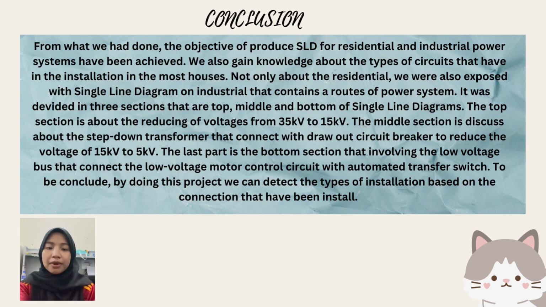The top section is about reducing the voltage from 35 kilovolts to 15 kilovolts. The middle section discusses the step-down transformer that is connected with the draw-out circuit breaker to reduce the voltage from 15 kilovolts to 5 kilovolts.